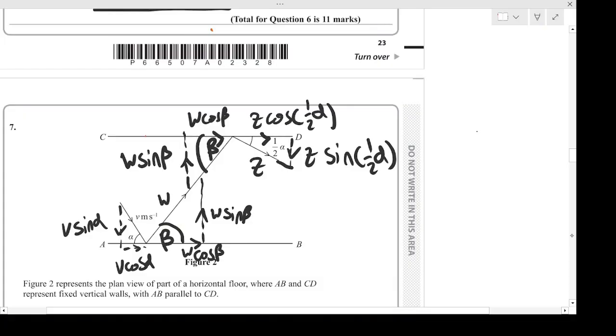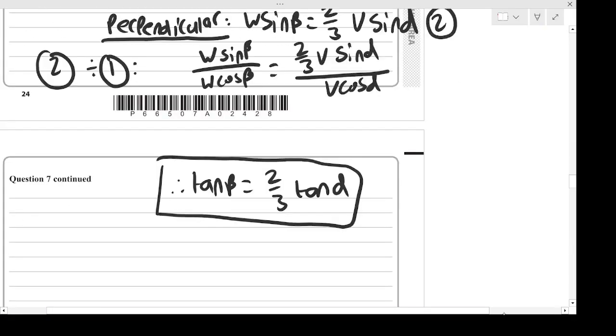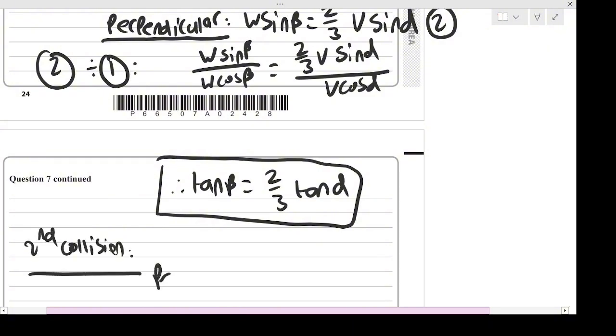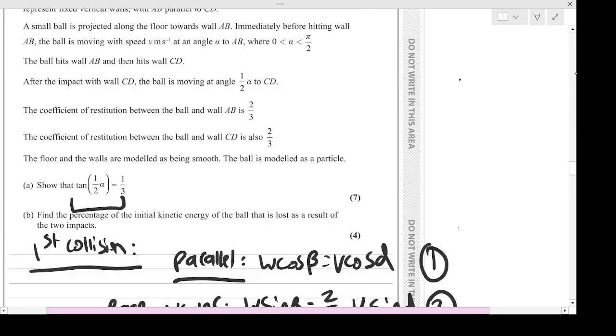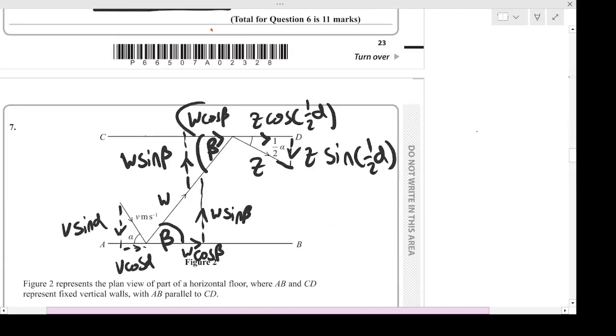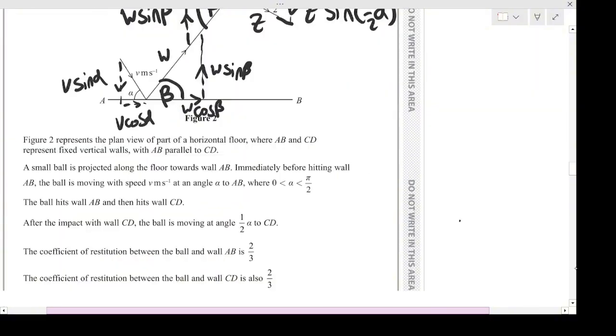So if I consider the parallel and the perpendicular equations for the second collision. Firstly, the parallel parts are going to be along the wall. So Z cos of a half alpha is W cos beta.